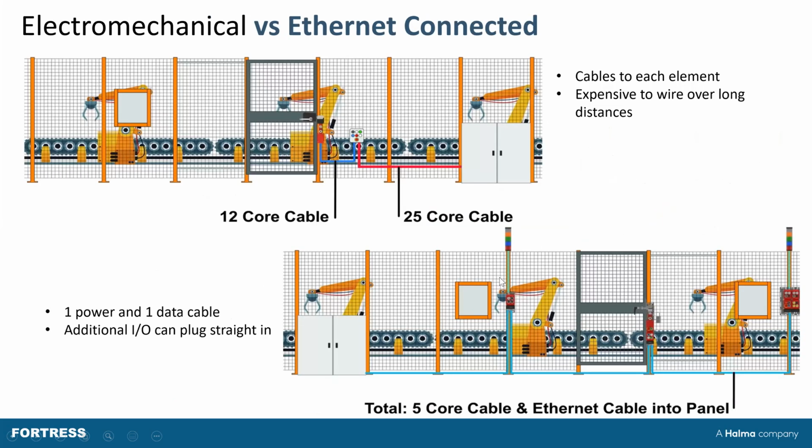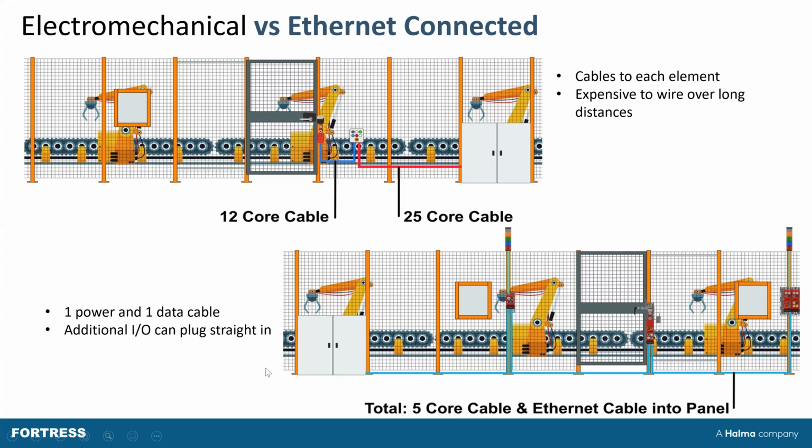The next step up is going to be having it Ethernet connected. If you've got lots and lots of I/O, and lots of long distances, then having those big cables going out to all the different control stations, all the different lights and buzzers and gate locks, can get really, really expensive quite quickly, and you can have some very chunky cables coming back into your cabinet.